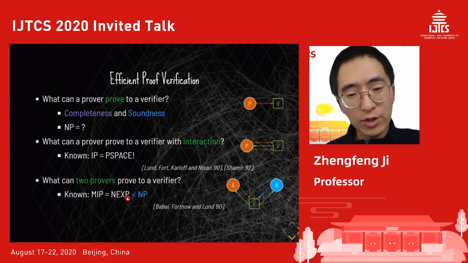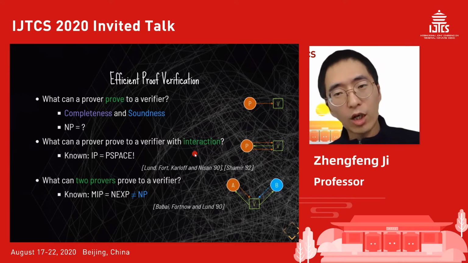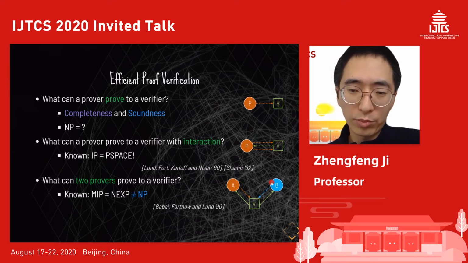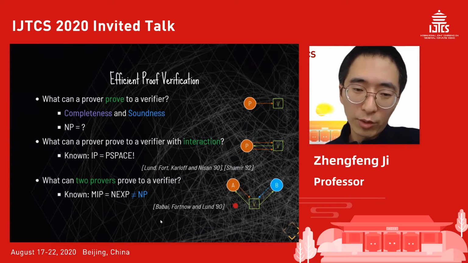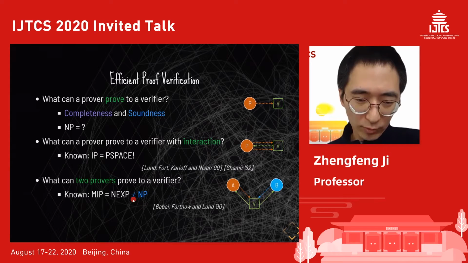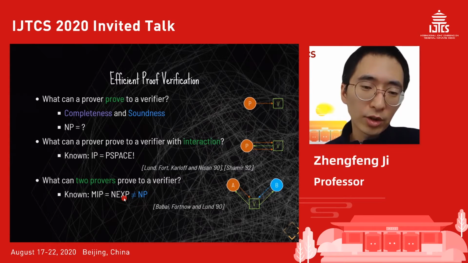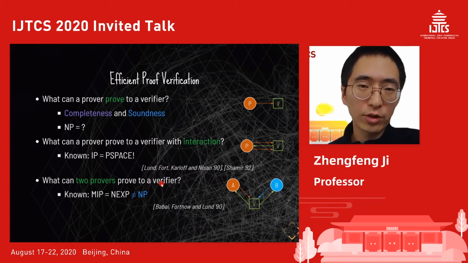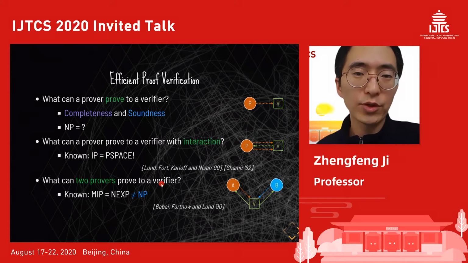It's interesting to mention that by adding one more prover and also considering randomness, we arrive at a provably larger class of problems, because we know that NEXP is different from NP. So that's a brief introduction to the literature on interactive proof systems.